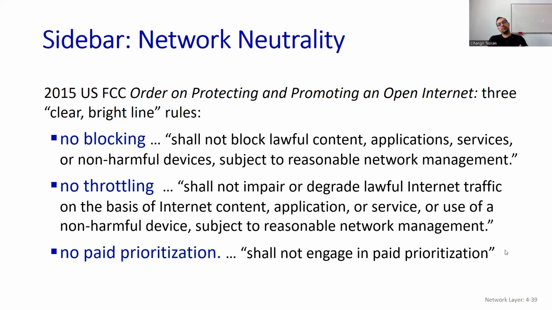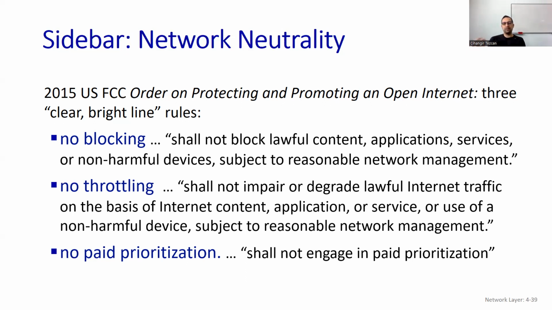This was a huge topic because in the United States, it was discussed for a long time. There are huge companies like Facebook or Google, whose services a lot of people are using. So it might be meaningful to prioritize them.